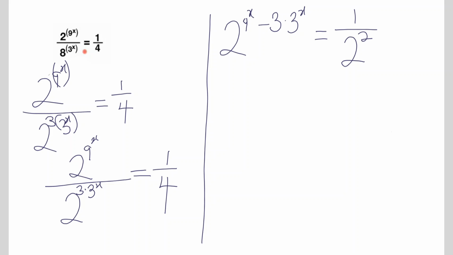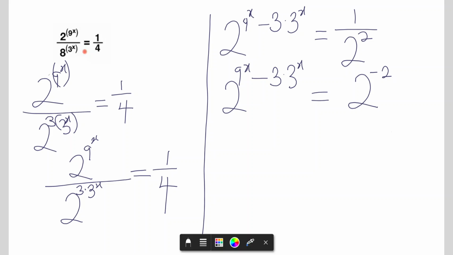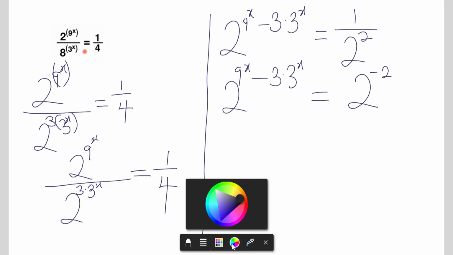So I'm going to be writing 2 to the power of 9 to the power of x minus 3 multiplying 3 to the power of x is going to be the same thing as 2 to the power of negative 2. And don't forget that when we have equal base, all we need to do is we just equate the power.